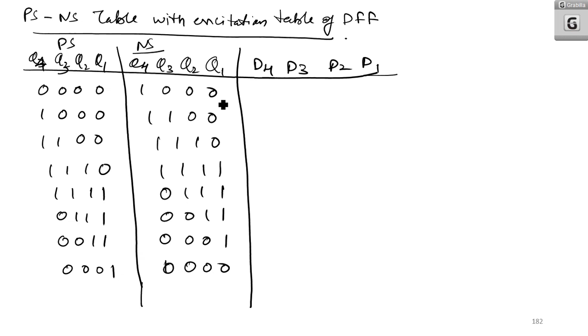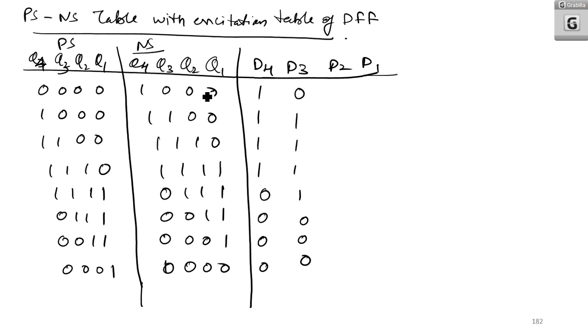Now let me write D4, that is 1, 1, 1, 1. That means D4 is equal to next state Q4, that is 1, 1, 1, 1, 0, 0, 0, 0. Then D3 is equal to next state Q3, that is 0, 1, 1, 1, 1, 0, 0, 0.